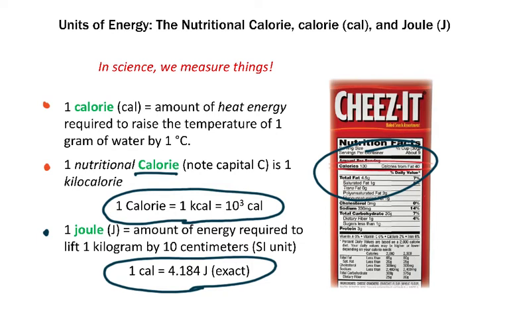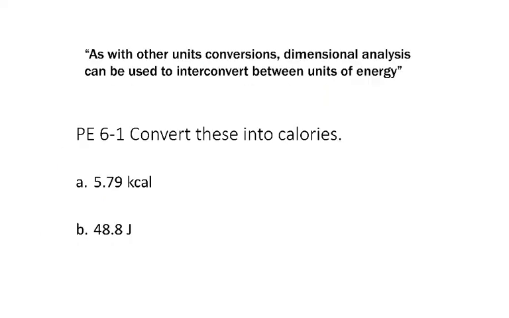As with all other units, dimensional analysis can be used to interconvert between units of energy. So let's practice with exercise 6.1 here. We say convert these into calories: 5.79 kilocalories and 48.8 joules.